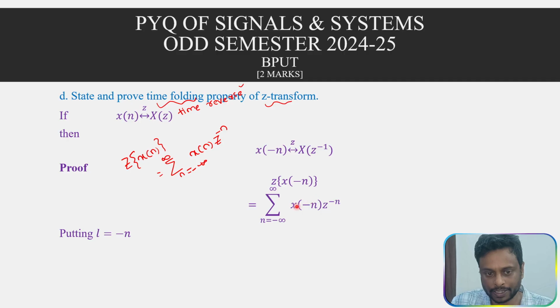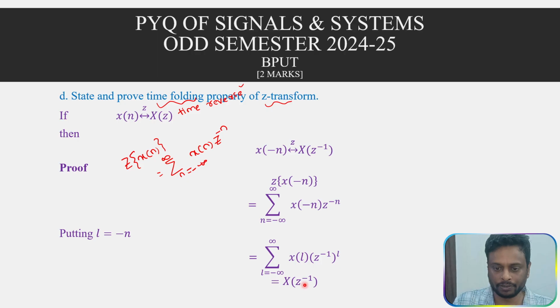Let us take l equal to minus n, so l goes from minus infinity to plus infinity, x of l times z to the power minus 1, to the power of l. So we can write this as the Z transform of x evaluated at z to the power minus 1. This is how you can prove the time folding or time reversal property of the Z transform.